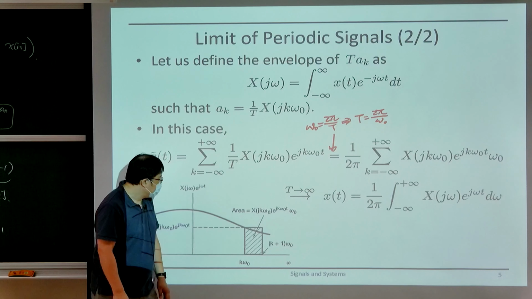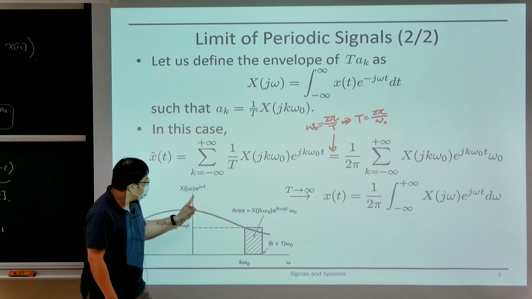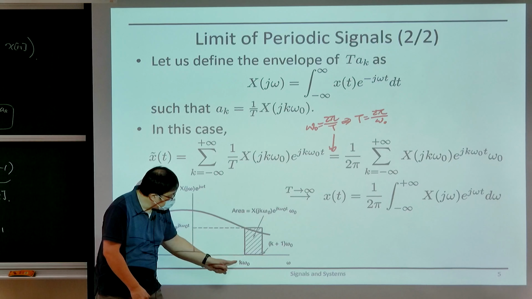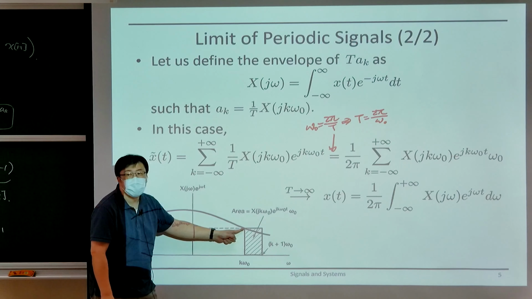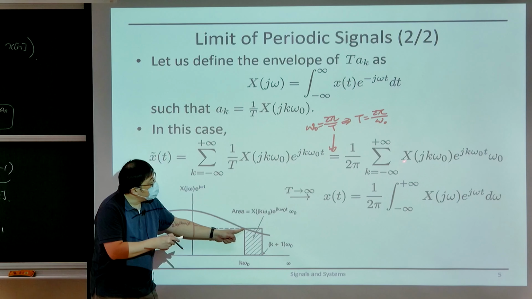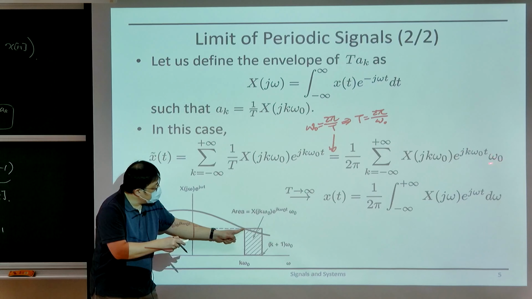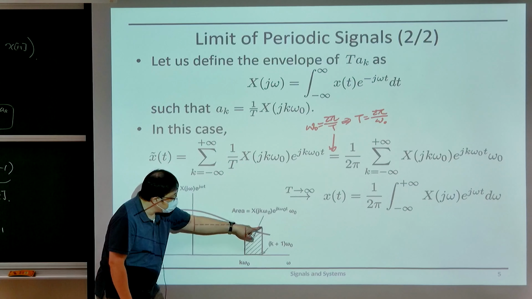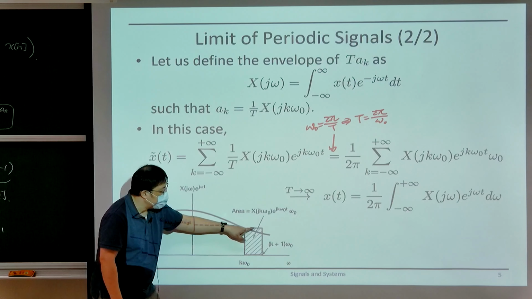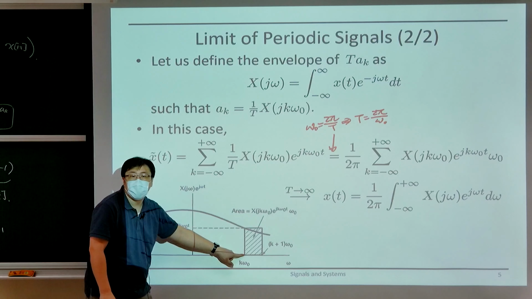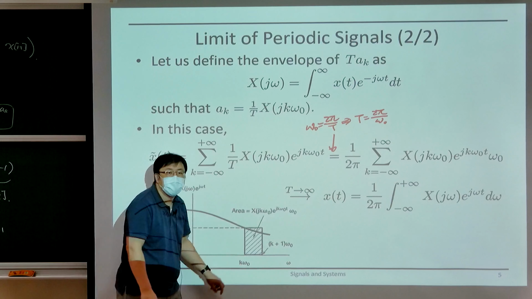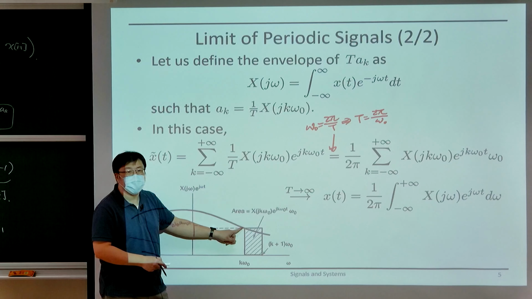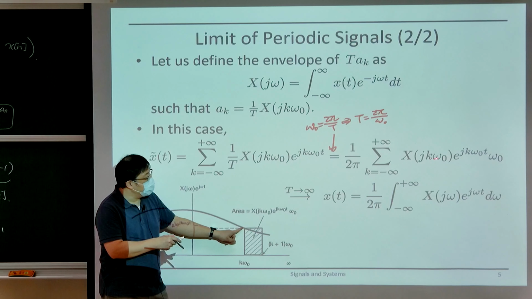So suppose that this is the function here, and this value is the value at the point k omega naught. So this value times omega naught, assuming it's the width here, gives you the area of this bar region. Any questions here?